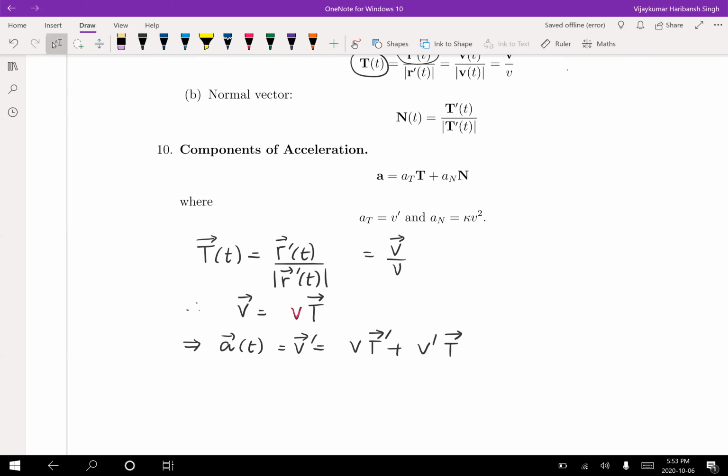Or I can write this as, because I want to write the T component first, I'm just going to interchange the order. It's going to give us the same result. So we have v prime times T plus v T prime.